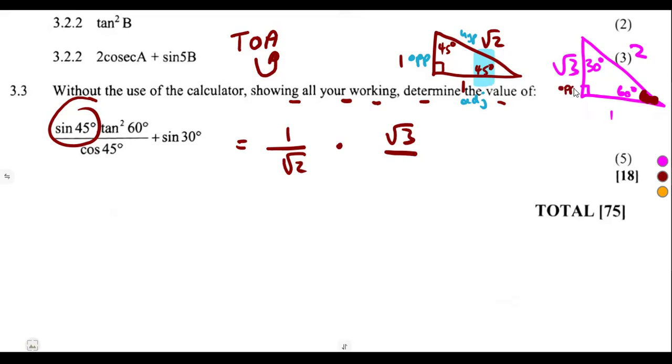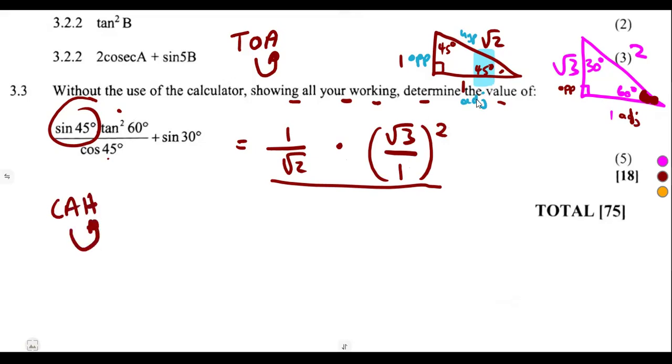So our adjacent is 1, but it's being squared. Everything over what? Cos 45. From our SOHCAHTOA, cos 45 is adjacent over hypotenuse. So that's 1 over the square root of 2.